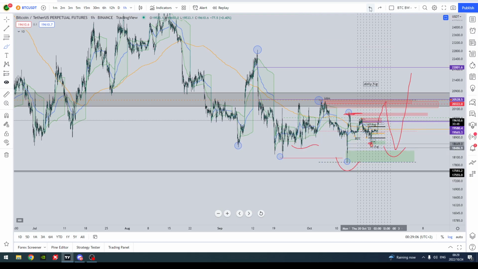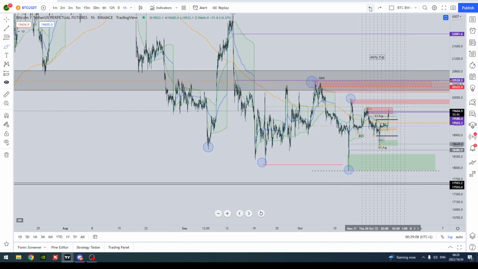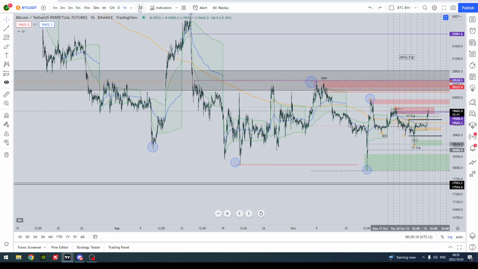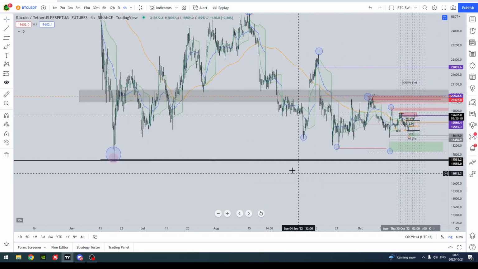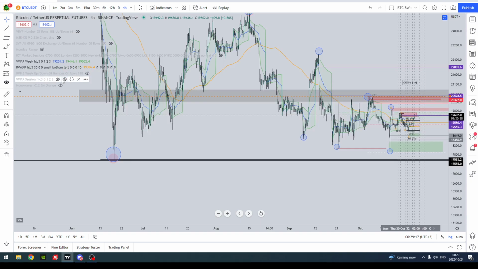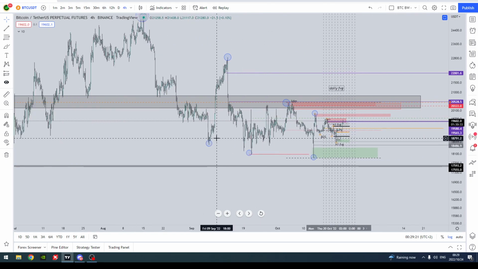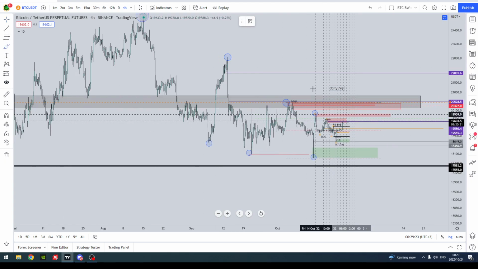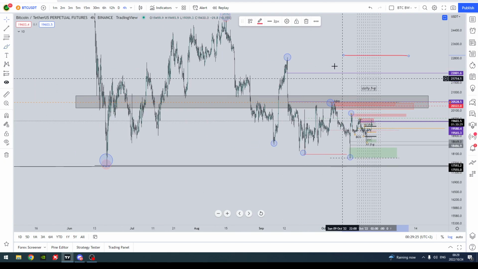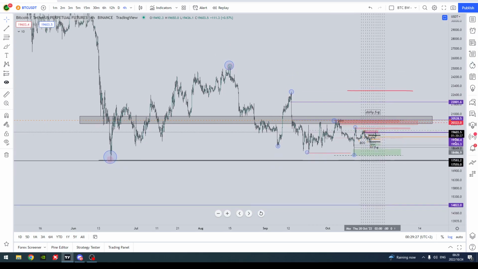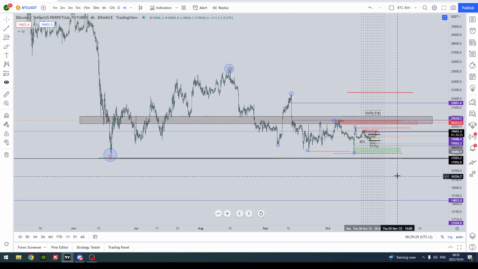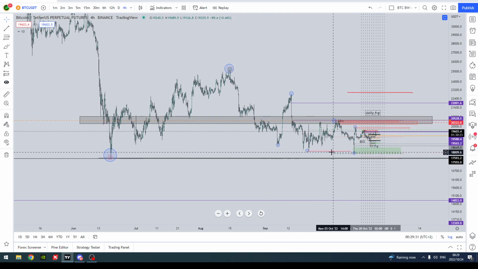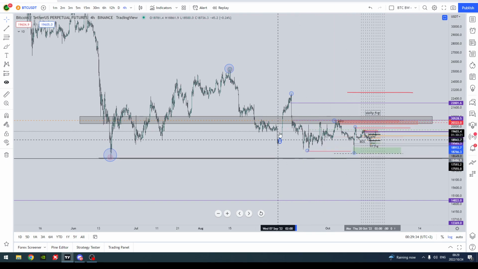Right, so let's just have a look at that kind of move up on a 4-hour. It puts us above this high, which would be liquidity engineering in its own right, because this was a pullback here.